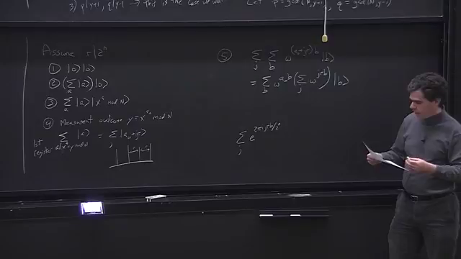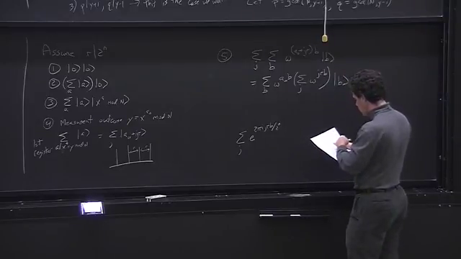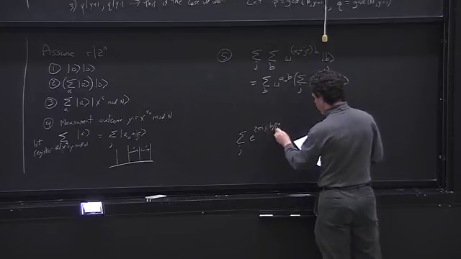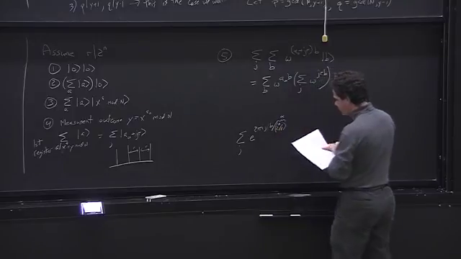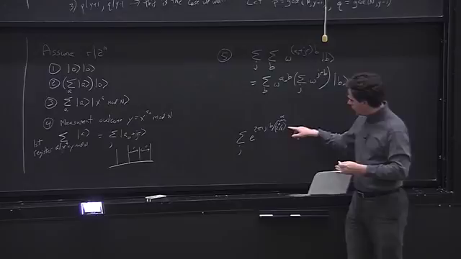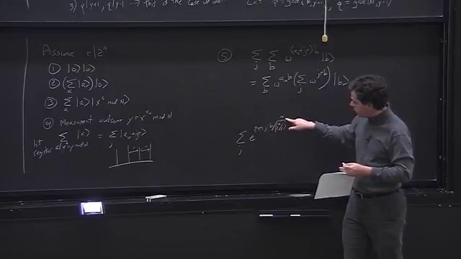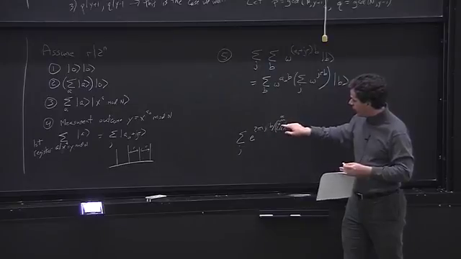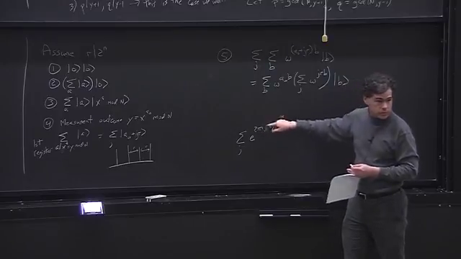Okay, and let me rewrite this a little bit as 2 to the n over r, which I'm going to call alpha for the moment. And so if b is a multiple of alpha, an integer multiple of alpha, then this thing here is an integer, and this is just 1, right?